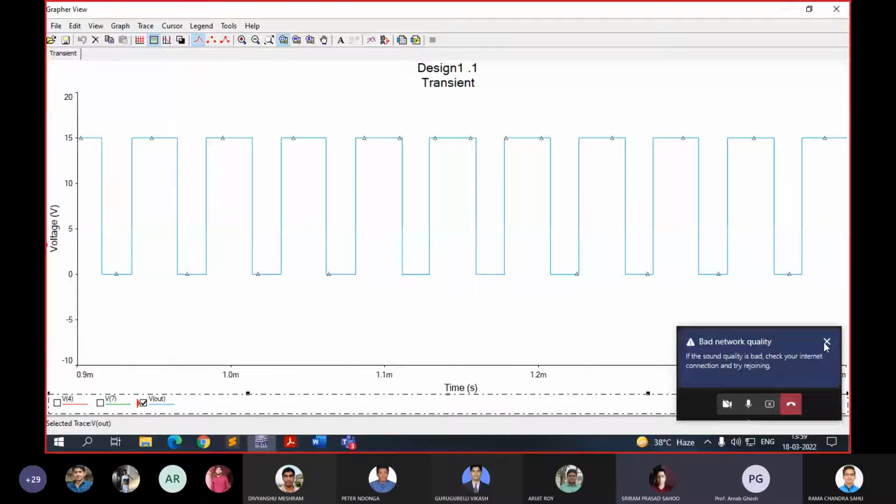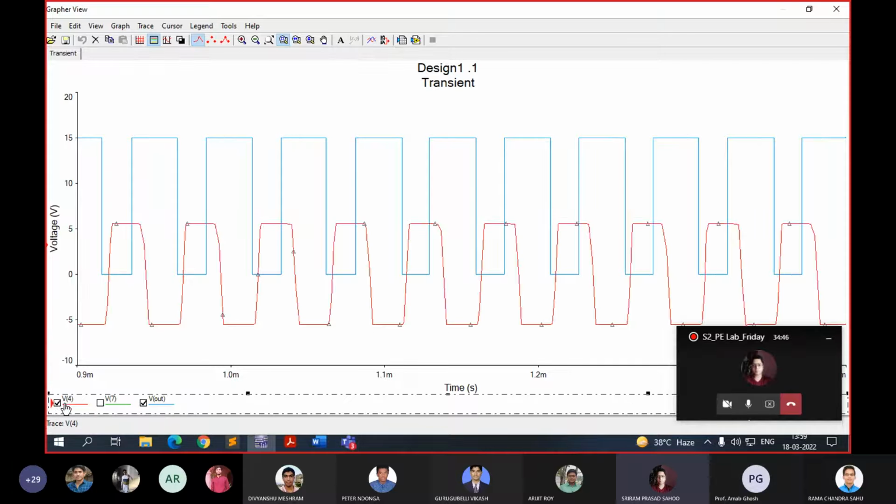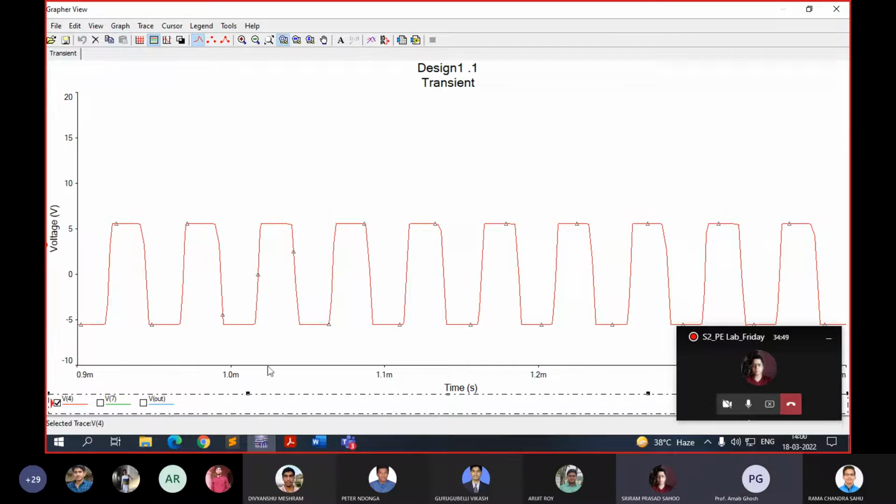Ramachandra, which one is the output of your first op-amp? Sir, it is the output of the first op-amp, sir. This one. Minimize your grapher.